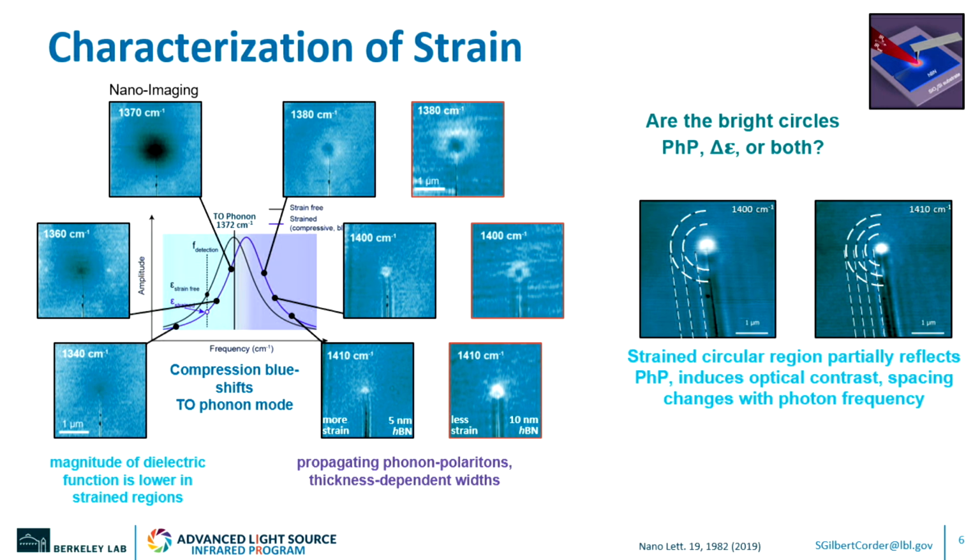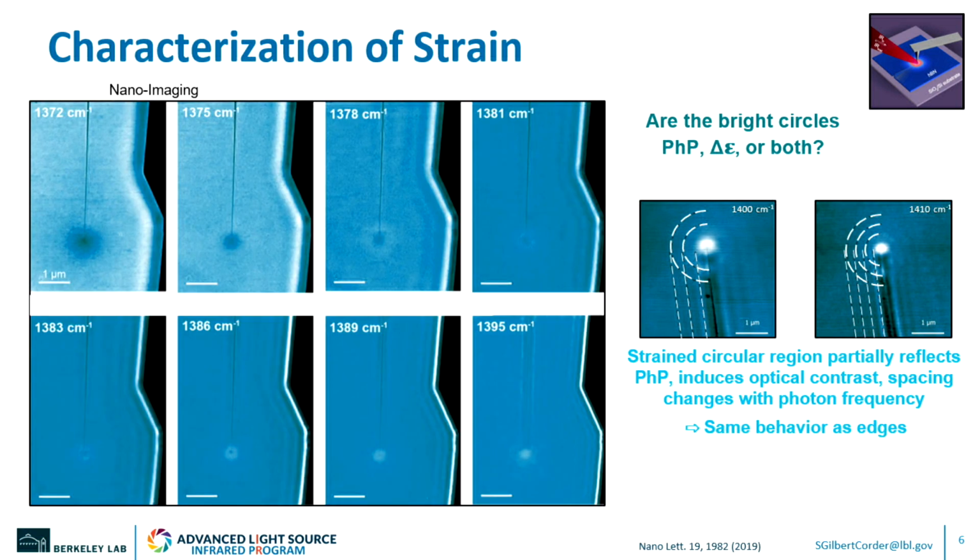So from this, we're able to determine that the circular region of a different dielectric value is actually able to partially reflect the phonon polaritons, and this change in optical contrast also follows with this photon frequency, excuse me.